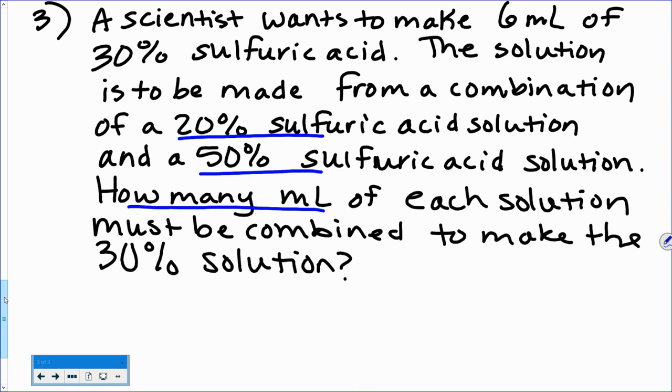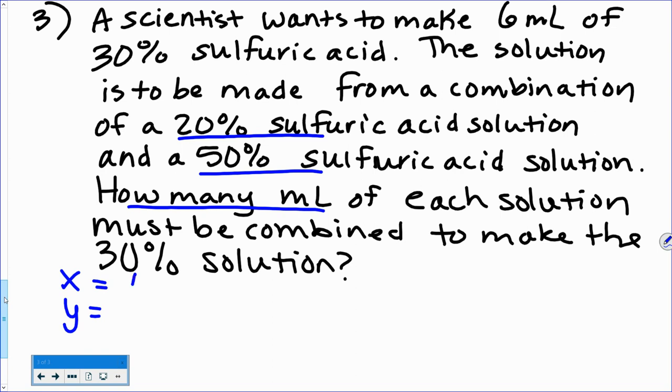The 30% is of the whole thing. I'll just use x and y for this one, since everything is percent solution sulfuric acid, so we'll keep them pretty general.